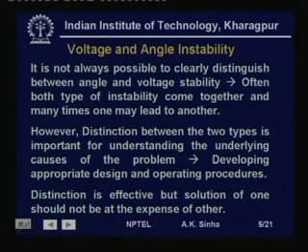In fact, in most cases we have both types of instability coming together, and many times one kind of instability leads to another kind. That is, a voltage instability in one part of the system, which can cause tripping of transmission lines, can lead to rotor angle instability of the system also.